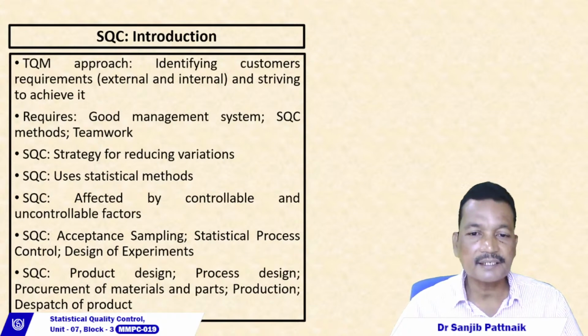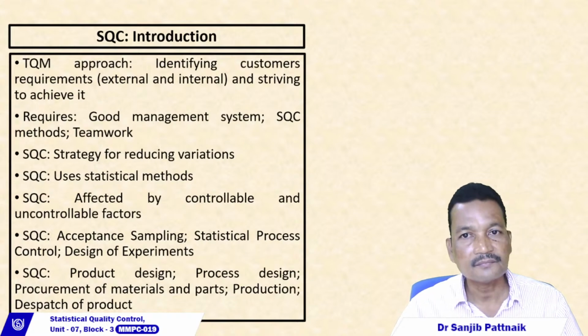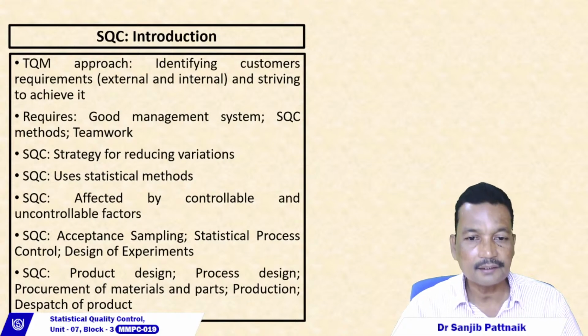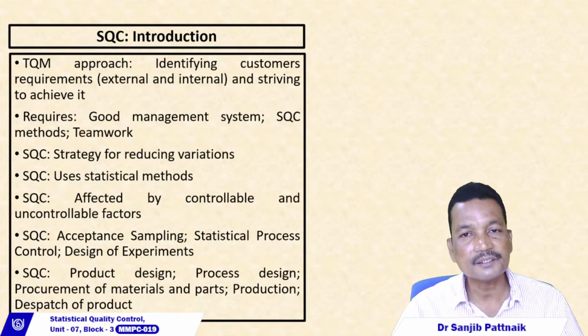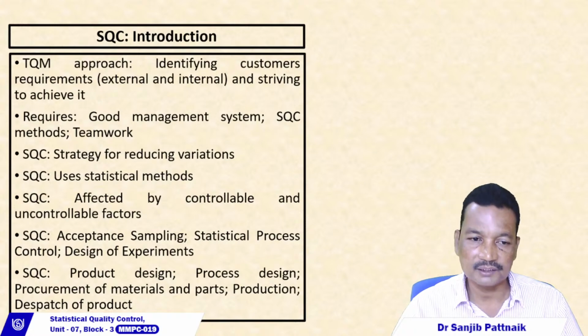So there we take the help of statistical process control, which will be based on certain charts. We'll see later on in this particular session how the statistical tools will help us to know about the process.